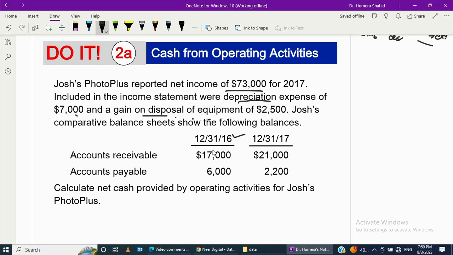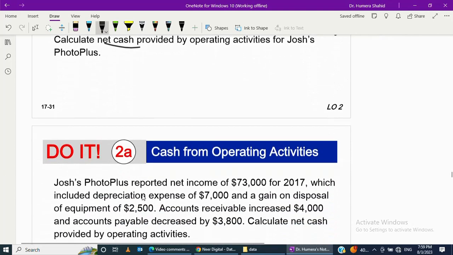In 2016, accounts receivable were 17,000. In 2017, 21,000. So there is an increase of 4,000. Accounts payable were 6,000. Now they decreased to 2,200. So there was a decrease in accounts payable. How much? It's 3,800, I guess. They want us to calculate the cash flow provided by operating activities.